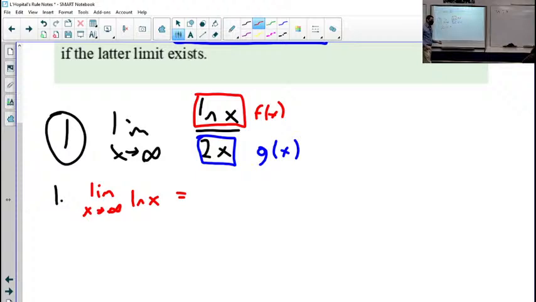As x gets larger and larger and larger, what's going to happen to natural log of x? The natural log of a number is also going to get larger and larger and larger, closer and closer to infinity.